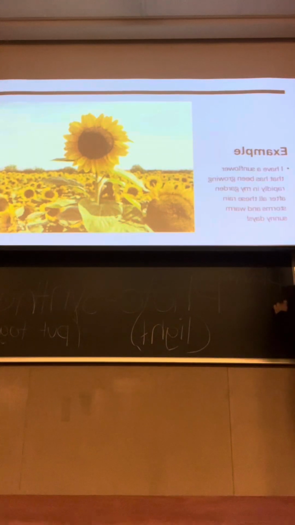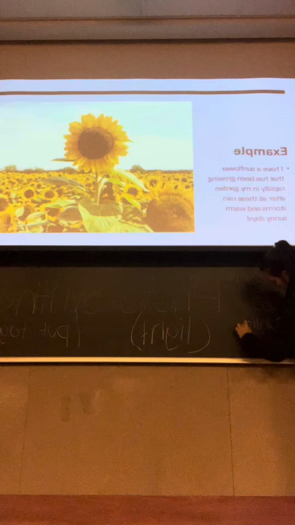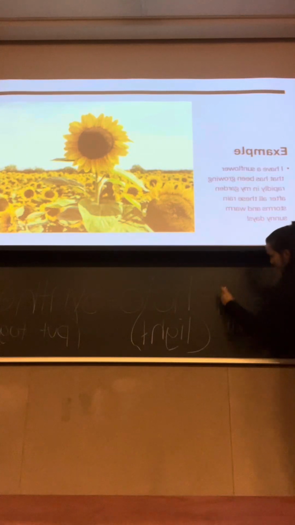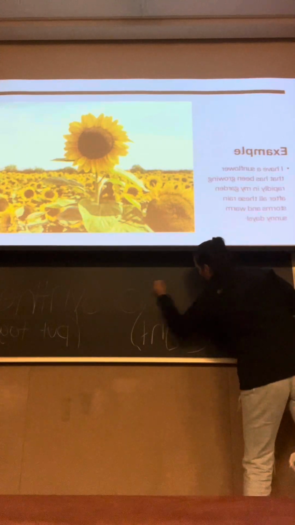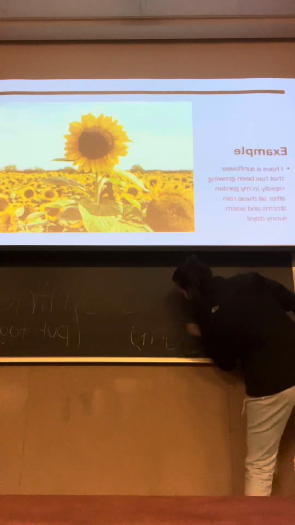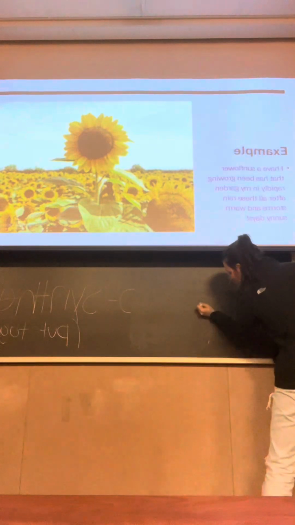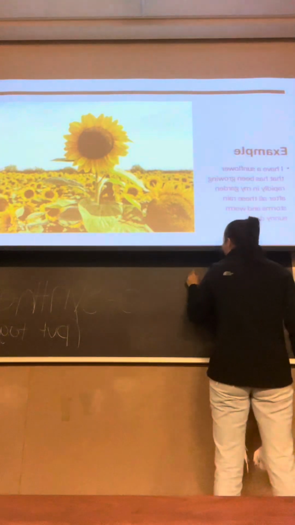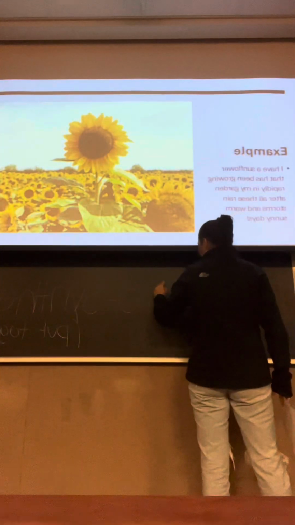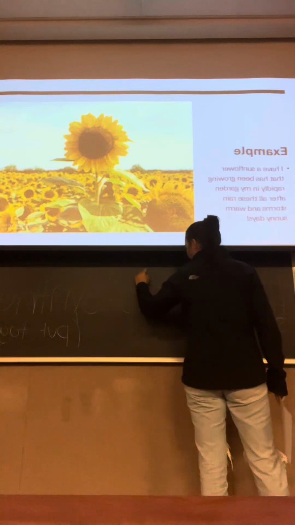Needs to have water. Needs to have sunlight. And it needs to have air, right? But air is kind of easy to come by. And by air, we actually mean CO2, carbon dioxide.